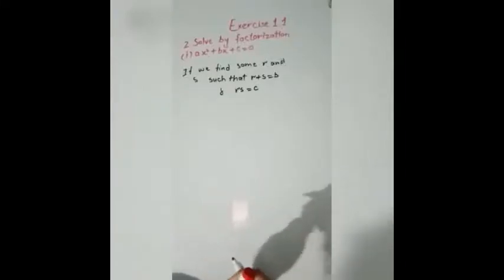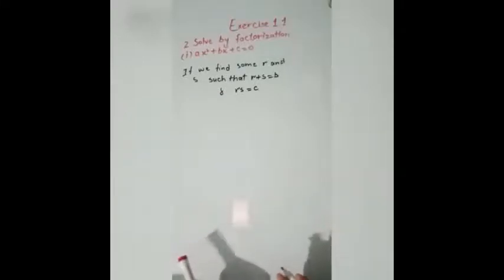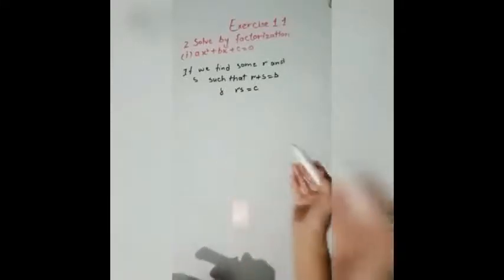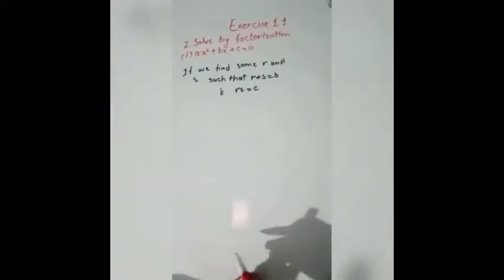Then we can factorize ax square plus bx plus c is equal to 0, and R and S are called the roots of the equation. So in this way we will factorize the equations.